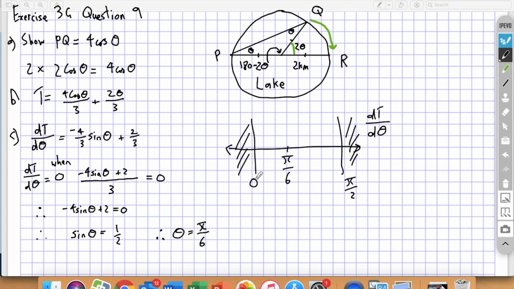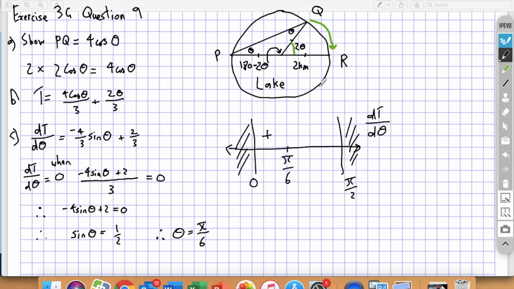Well, the easiest value for me to test is actually right on the limit, 0. If I go back to my derivative equation, if I make sine equal to 0, the whole thing's 0. So that all becomes 0, and I'm left with a positive 2/3. What about over here? Probably the easiest value to test is pi on 2.